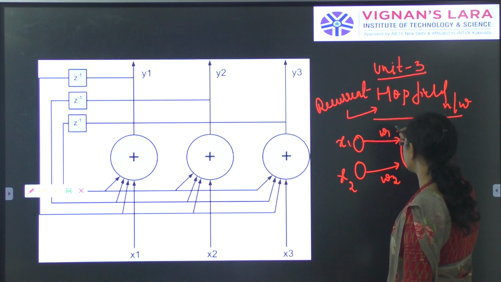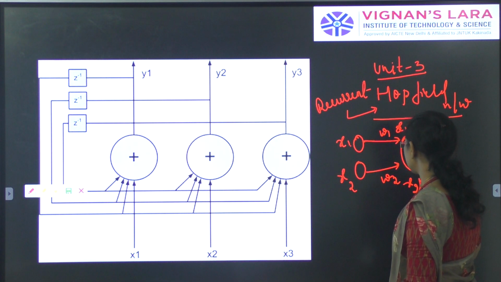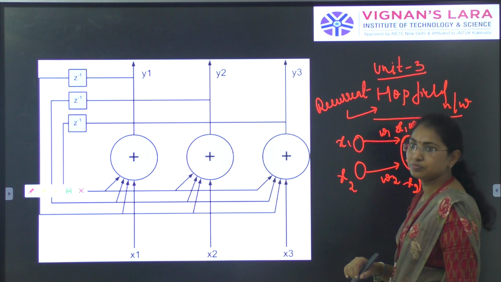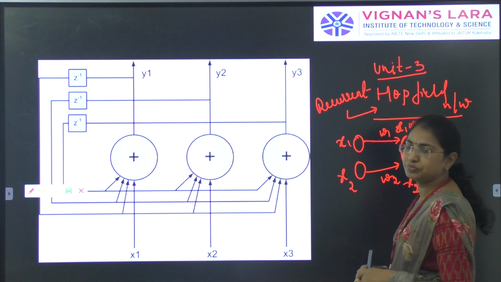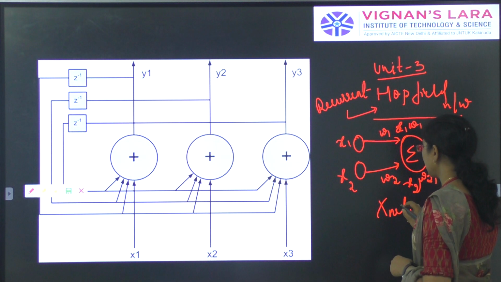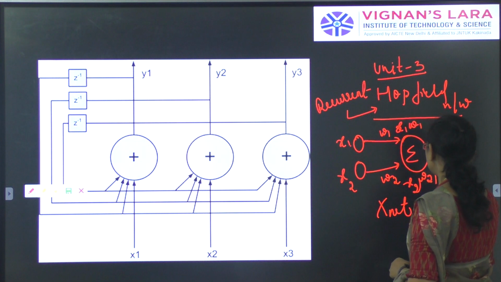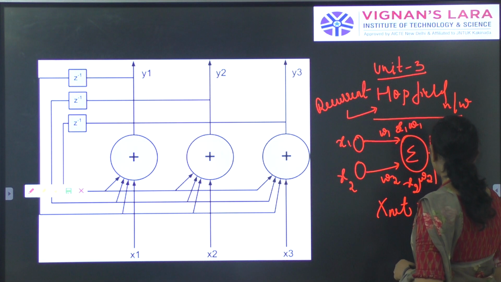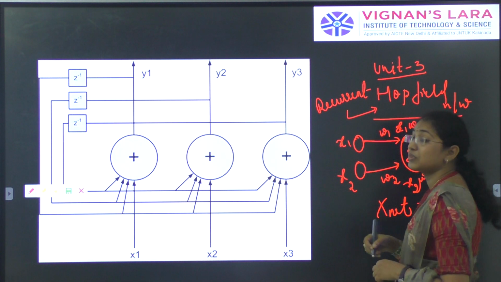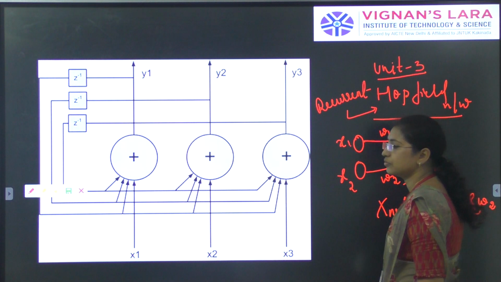The first input is x1 into w1, the second input is x2 into w2, plus a bias, let it be 0. Now x net at the output of summation is x1 w1 plus x2 w2, which is the output of summation.